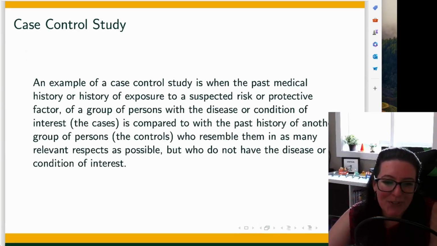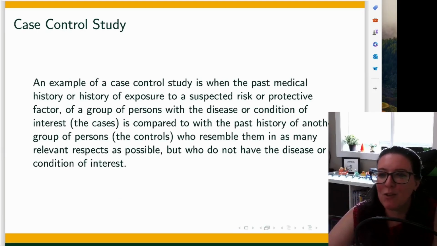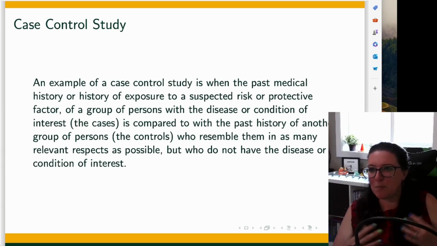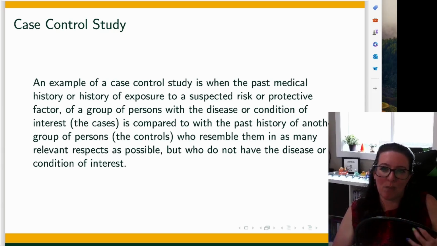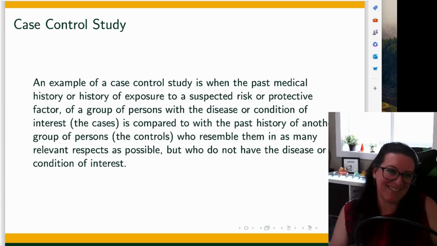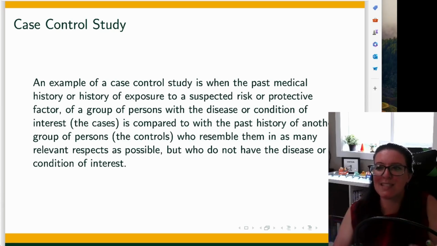So in examples of case control studies, we would try to match based on medical history. We would look at history of exposure to a suspected risk or protective factor. We look at groups of people. We like to do observational research with twins, right? Because they grew up in the same environment.